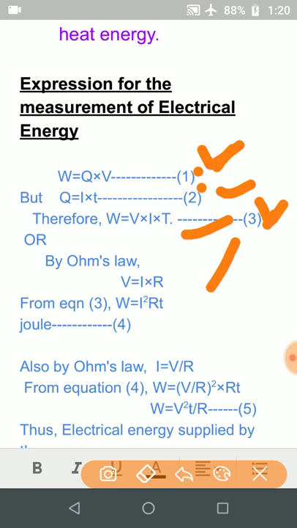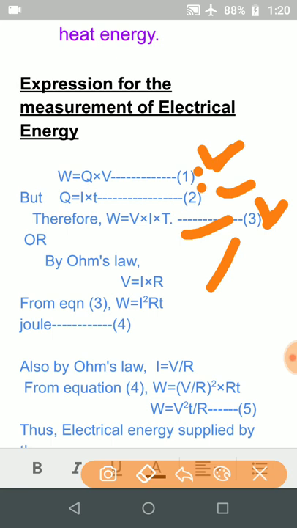Already you know that Ohm's law is nothing but V is equal to I into R, that is current and resistance of a conductor.